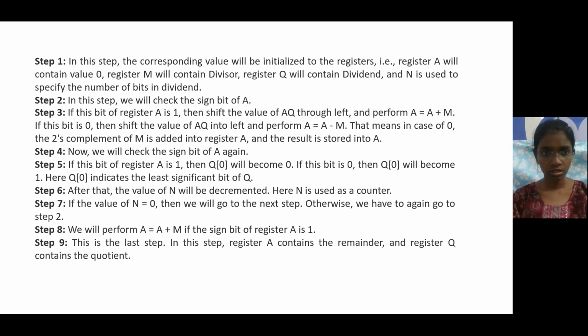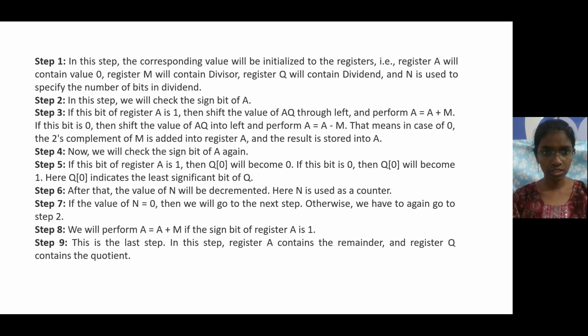And next step is, if this bit of register A is 1, then shift the value of AQ to left and perform A is equal to A plus M. If this bit is 0, then shift the value of AQ to left and perform A is equal to A minus M. That means in case of 0, the 2's complement of M is added into register A and the result is stored into A. Step 4.